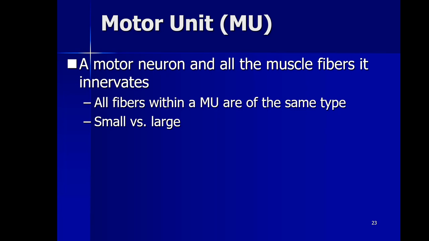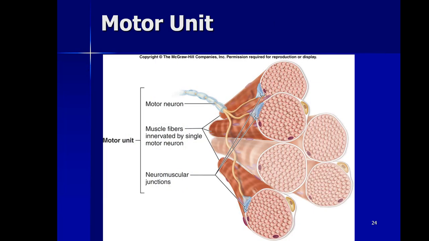So the smallest motor units we have are found in the muscles that control the eye, because you think of the eye movements, they have to be really, really fine-tuned. So again, this is a motor unit, one motor neuron, and all the muscle fibers it innervates.